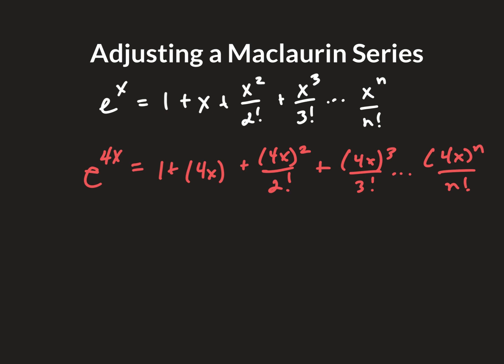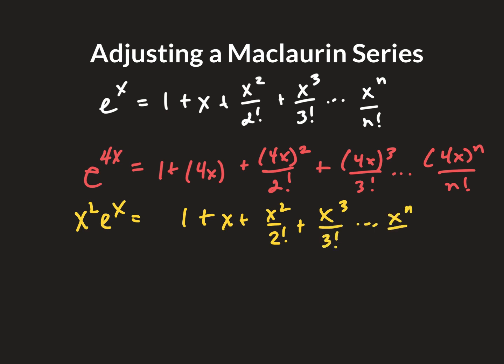Another type you could do is you could say, well, what if it were x squared times e to the x? Well, we just take our original series, and basically this whole thing is approximately equal to e to the x.